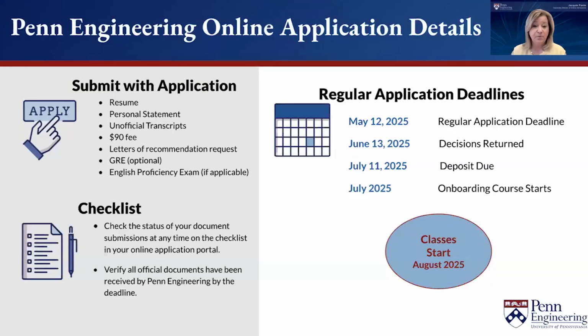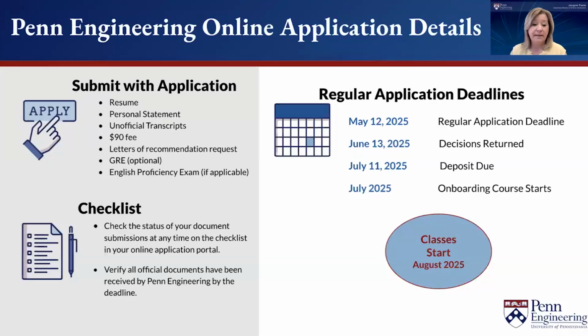You get down to a point in the application where you're able to review all that. You hit submit with a $90 application fee, and the application is submitted. A lot of times we get questions, do I need to wait for my letters of recommendation before I submit? You do not.